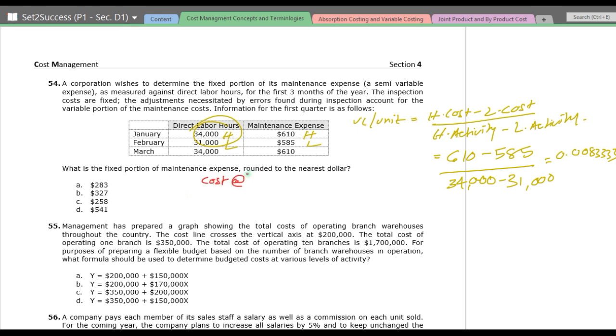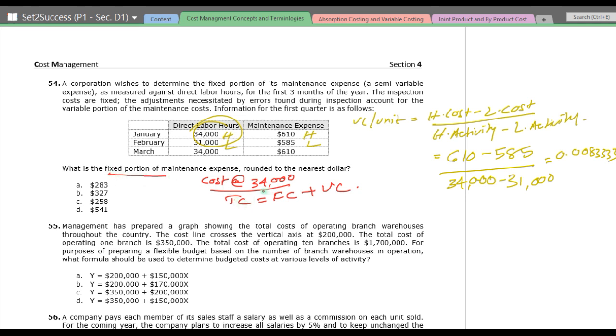So now let us find the cost at 34,000 activity. So total cost is equal to fixed cost plus variable cost. We need to find only the fixed portion of the maintenance expense.